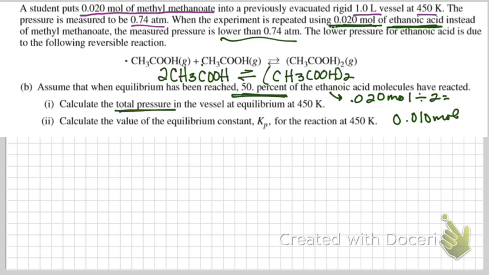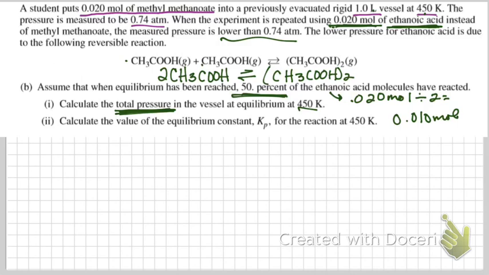I want to know the total pressure. And in this reaction, we have moles, we have the same 1 liter vessel, we have the same temperature conditions, so I can use the ideal gas law, right?